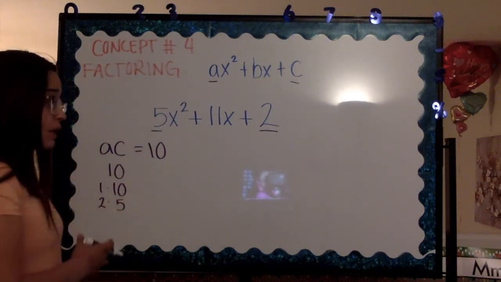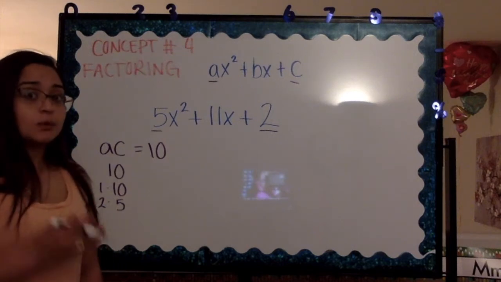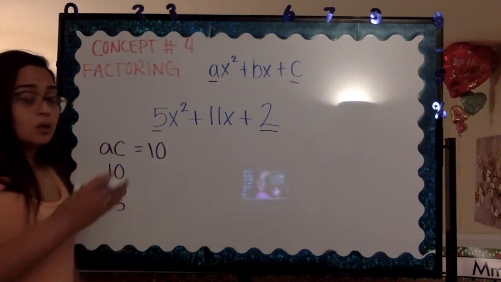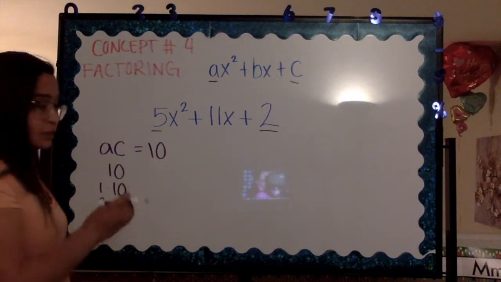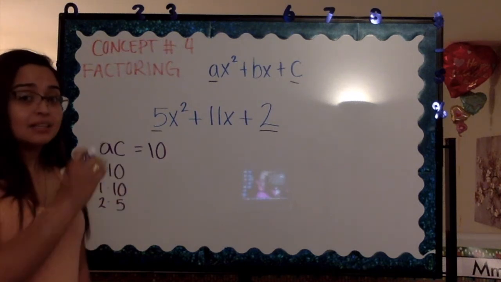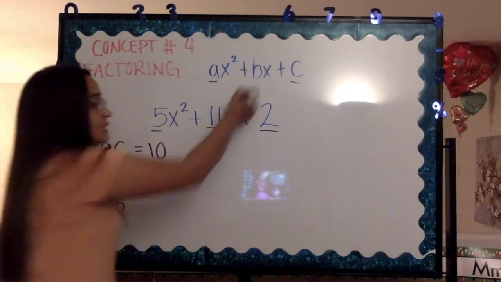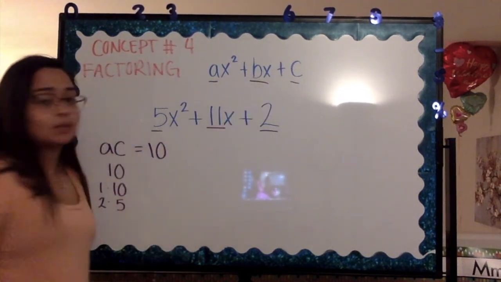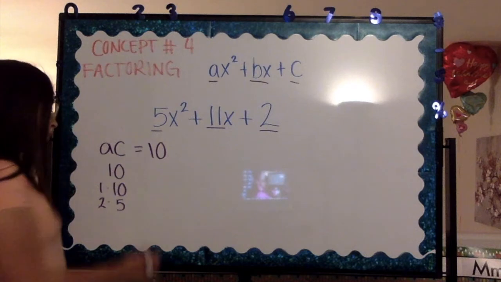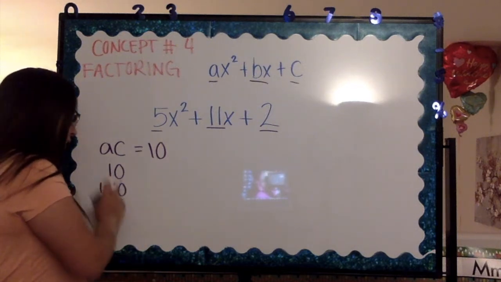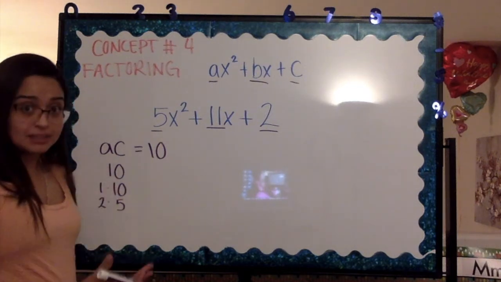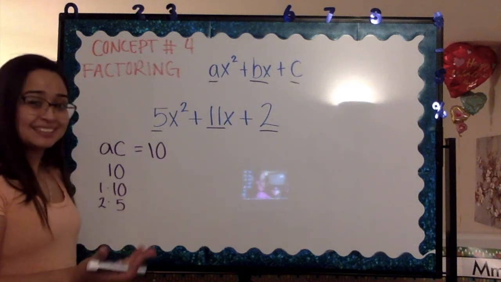What I'm going to do now is I'm going to see what two factors, when added, give me B. So in this case, 11. Okay? So if I add 1 and 10, does that give me 11? Yes, it does.